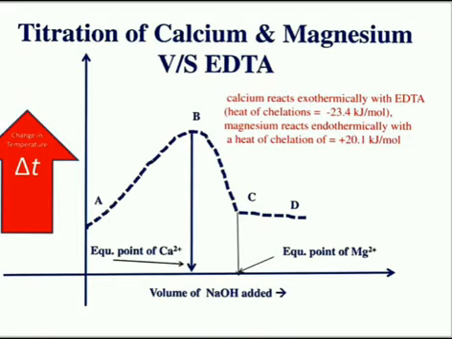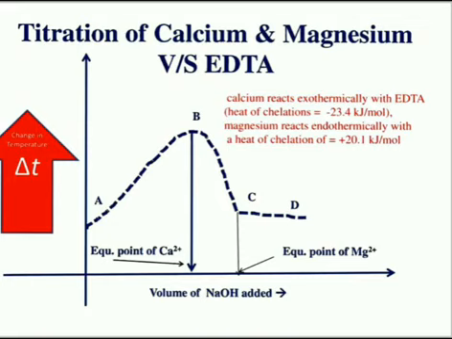for the reaction of magnesium with EDTA, the enthalpy change is plus 5.5 kilocalorie per mole, whereas that for the calcium ion reaction is minus 5.7 kilocalorie per mole, that is 23.4 kilojoule per mole. For magnesium it is 5.5 kilocalorie per mole, that is plus 20.1 kilojoule per mole.